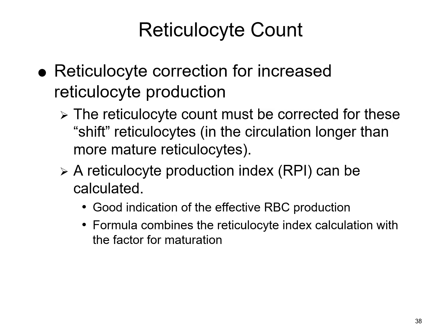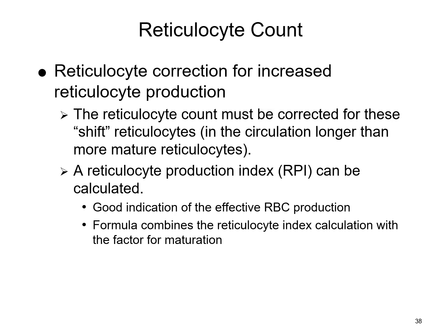So not only do you have to keep in mind that the patient has anemia and you might have to do corrections for that, you also have to keep in mind that the shift is going to cause the reticulocyte count to need to be corrected, because those retics are going to be in circulation a little bit longer than the more mature retics.